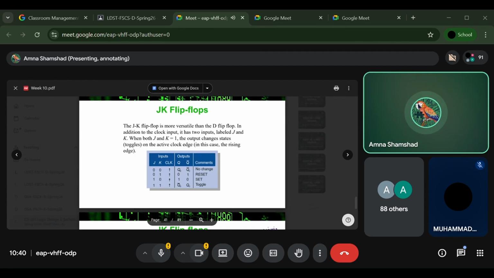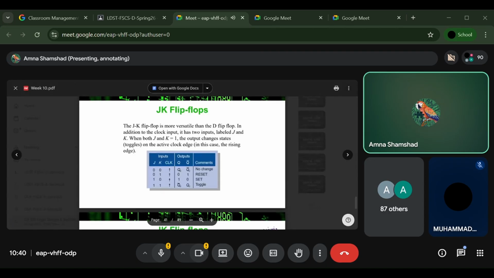Can any of you recall what the JK flip flop was? Set reset? Yes, it's set reset. But quickly unmute and answer. We have four options: 0 0, 0 1, 1 0, 1 1. Then how will it work?